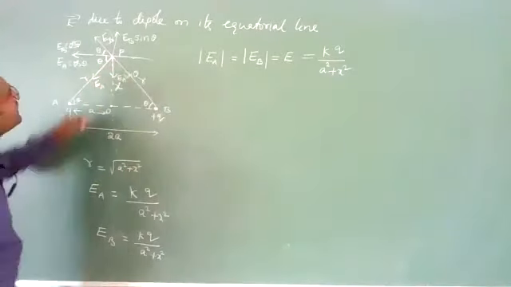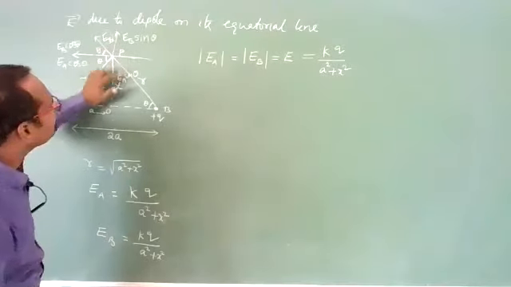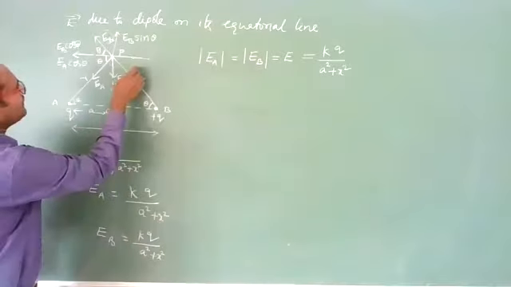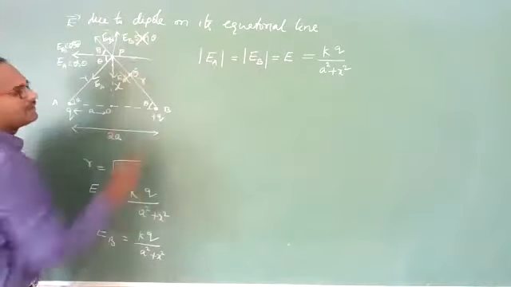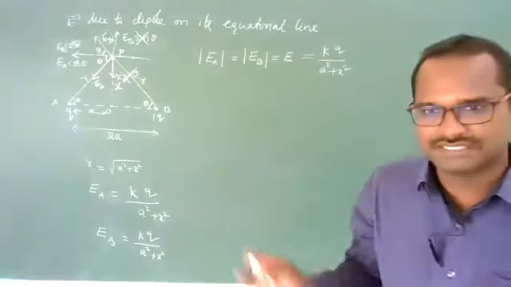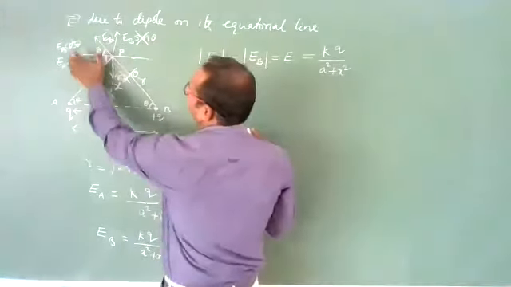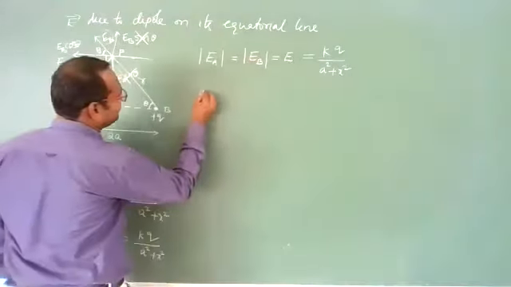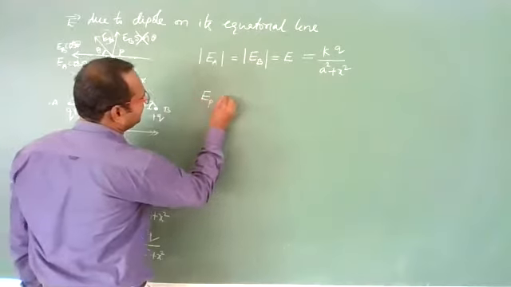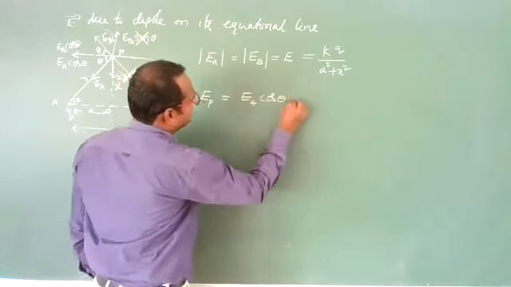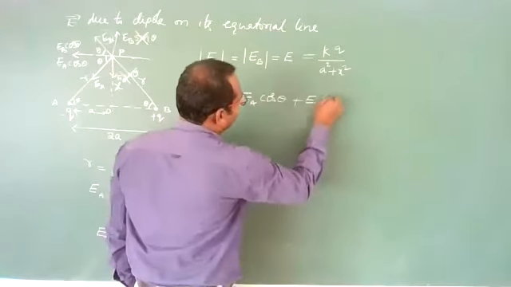As you know, EA and EB magnitudes are equal, and theta is equal, so the vertical components will cancel each other. But the horizontal components will add up. So the net electric field at point P will be the electric field due to charge at A cos theta plus the electric field due to charge at B cos theta.